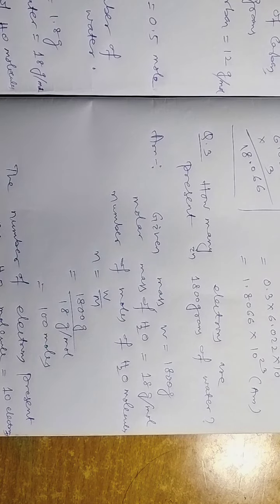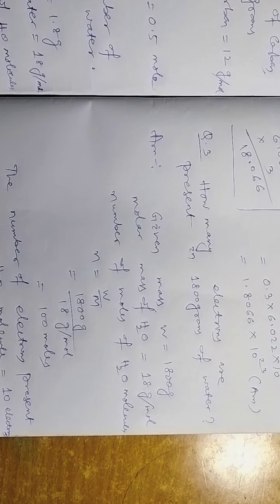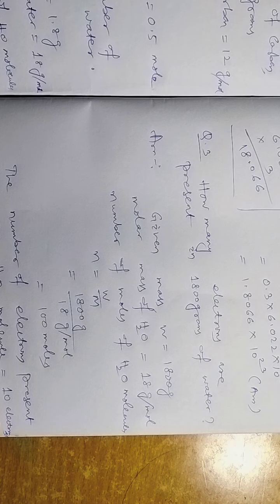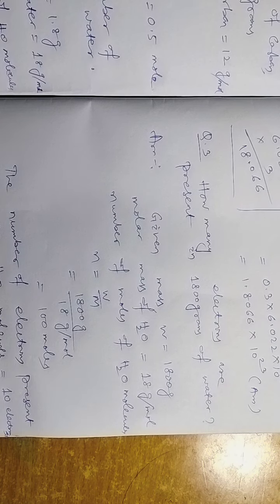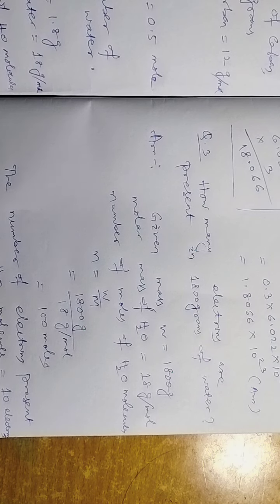Then in one water molecule there are 10 electrons, as I have explained earlier. In 1 H2O molecule 10 electrons, in 1 mole there are 10 mole electrons, and in 100 mole of H2O molecules there are 10 into 100, that is 1000 mole electrons, and then we convert it into number. Okay, so this was about particle counting, meaning number of atoms, molecules or electrons.